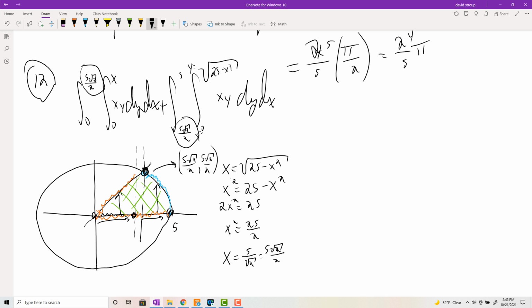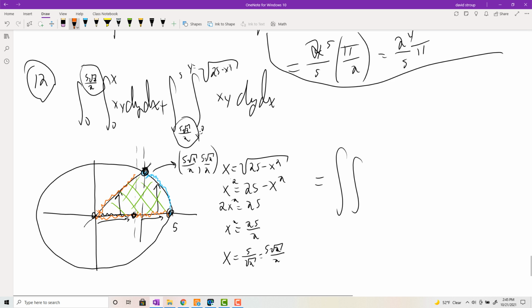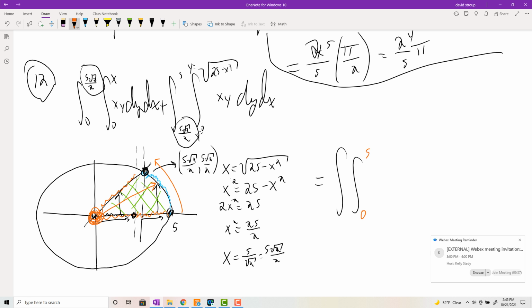Because all we need to do is go to the polar coordinate system, and the r value is going from r equals 0 right here to r equals whatever the radius of that circle is, which is 5. So 0 to 5, and then we're rotating from 0 to this line right here. So what is that angle?